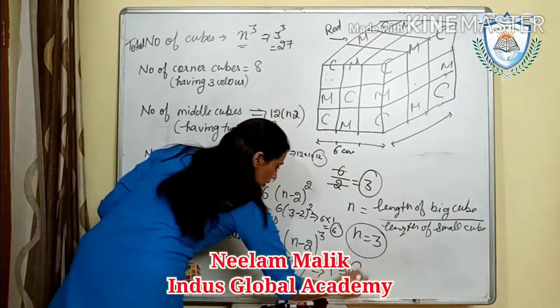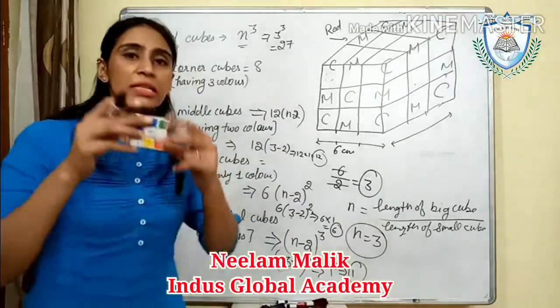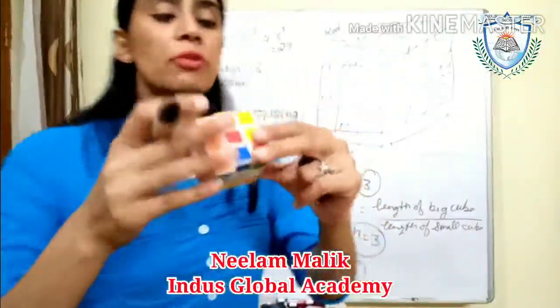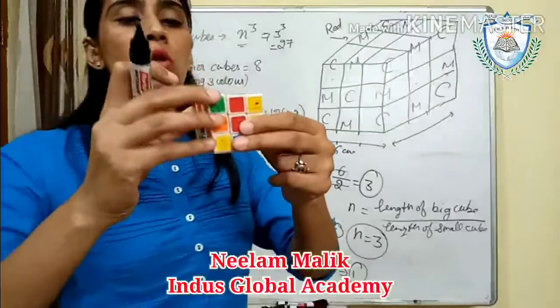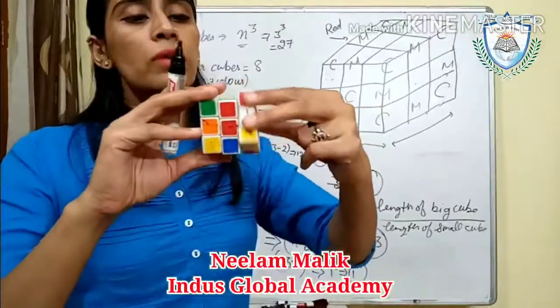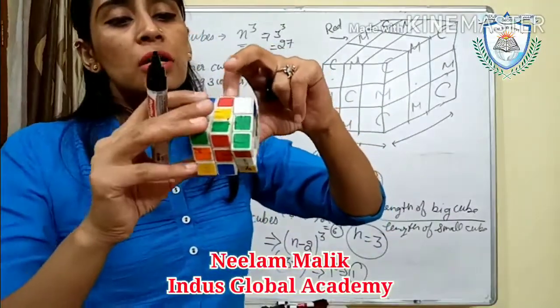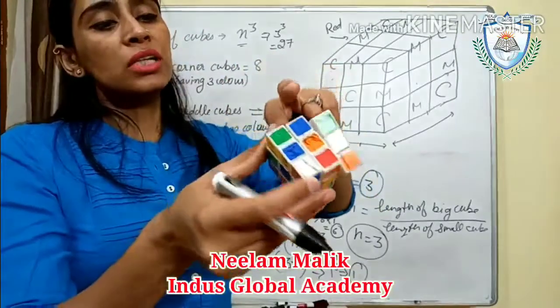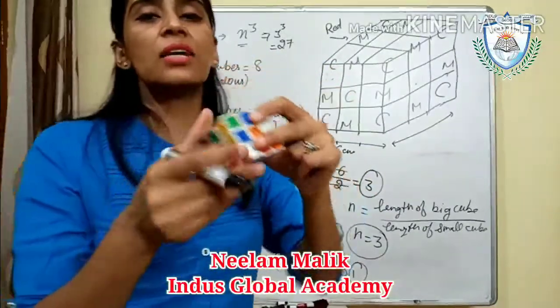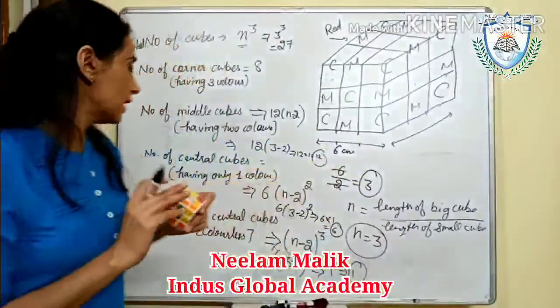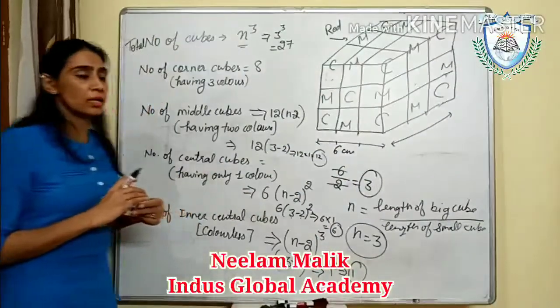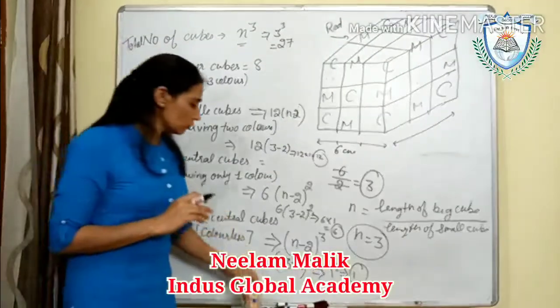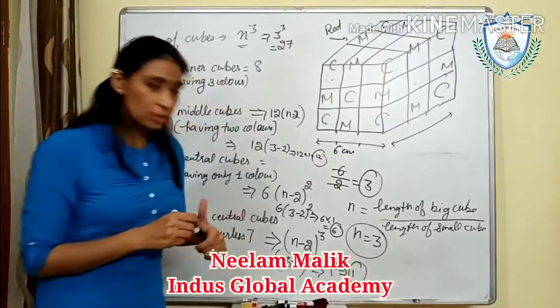So our answer is 1. When you cut this and open it, all of this will go to one side, this all will go to one side, and from this row, this all will go in the center. There will be only one cube that has no color. Okay, so now we will do some problems.